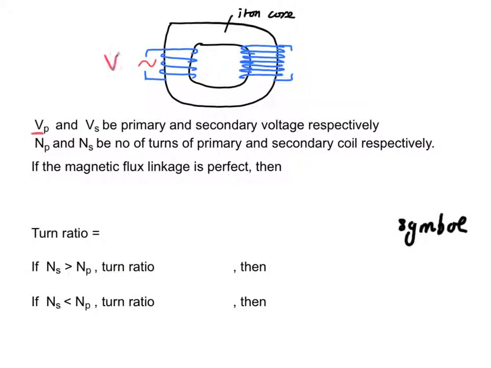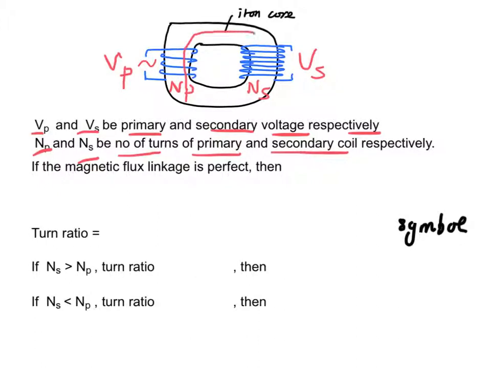Let Vp and Vs be the primary and secondary voltage respectively. Let Np and Ns be the number of turns of the primary and secondary coil respectively. If all the magnetic field produced by the primary coil passes through the secondary coil, we say the magnetic flux linkage is perfect.